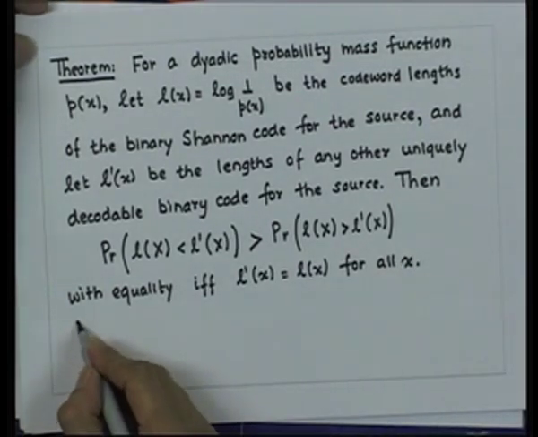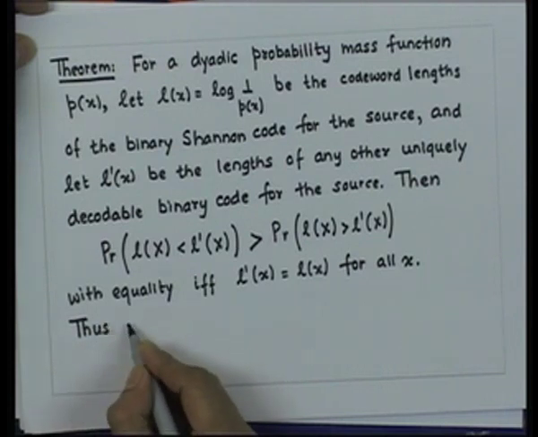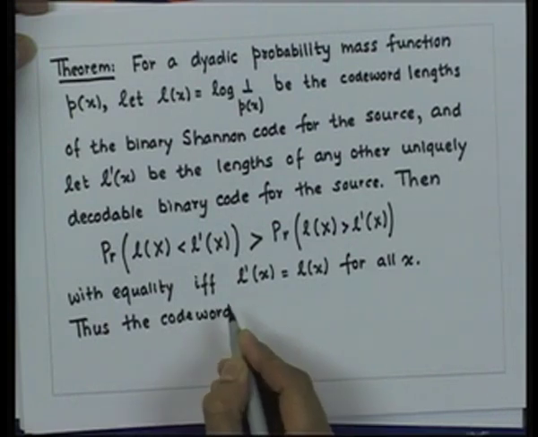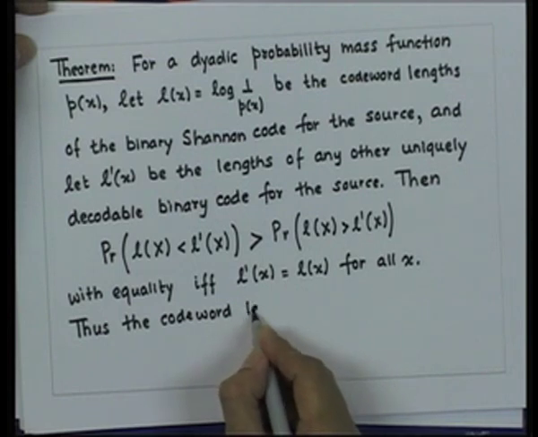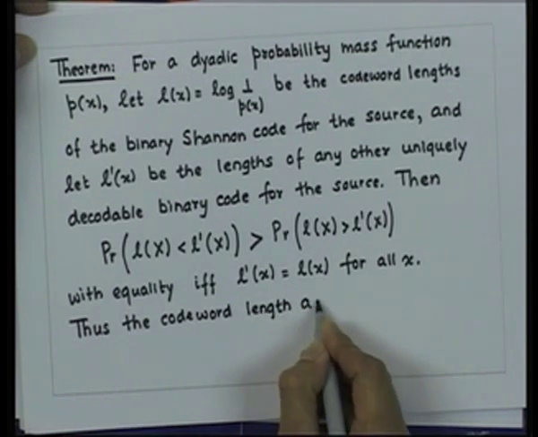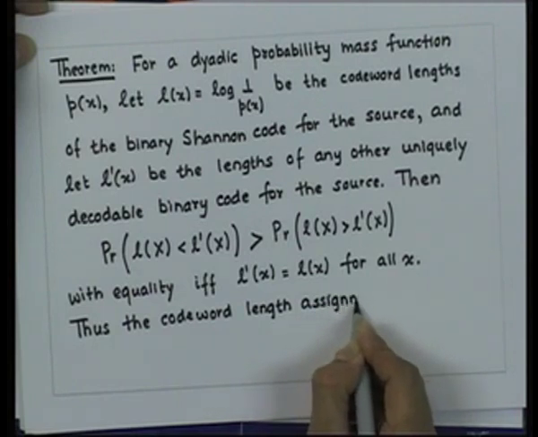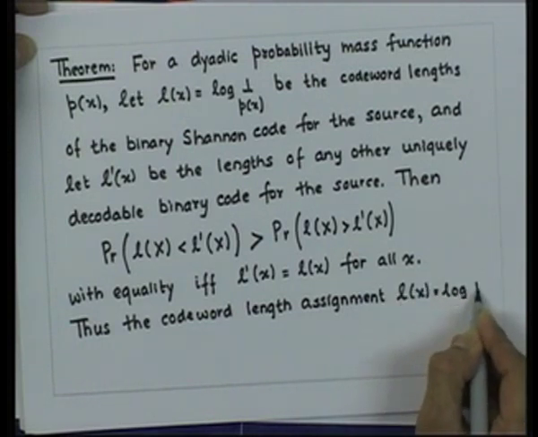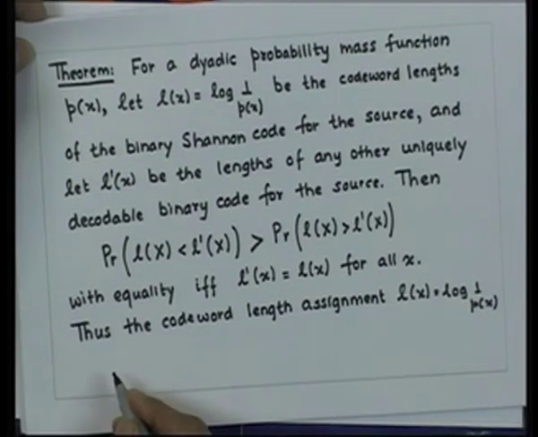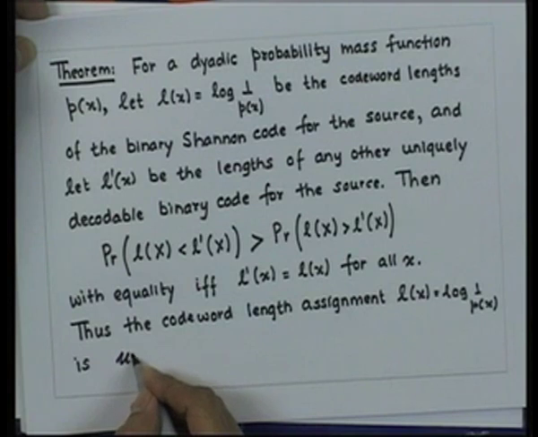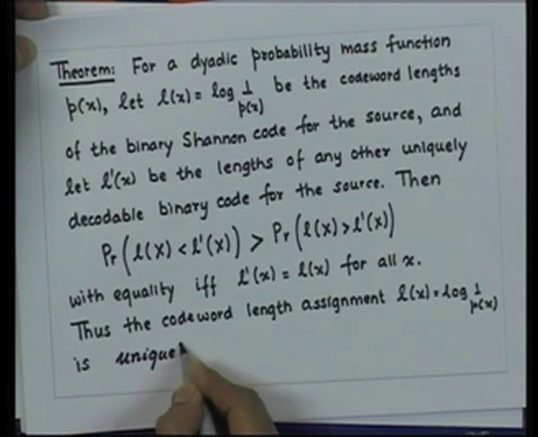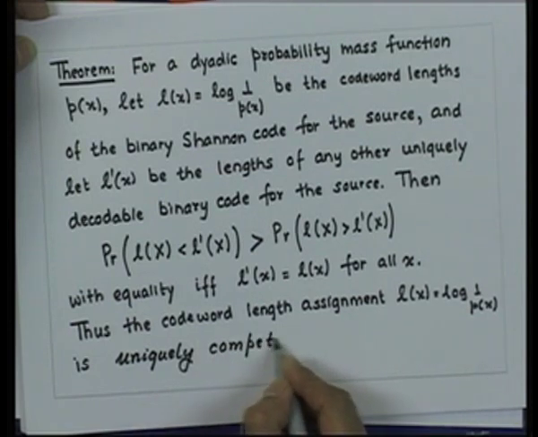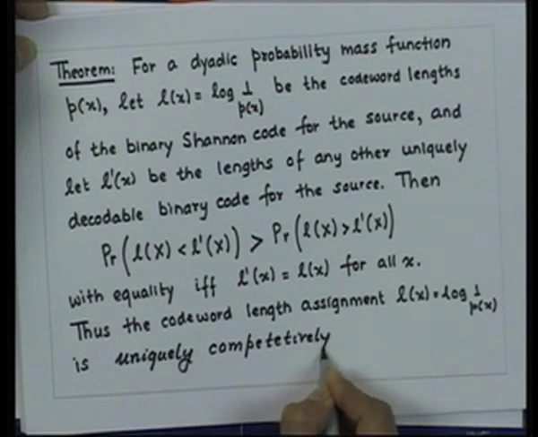Now, we can say thus that the code word length assignment of the form Lx is equal to log of 1 by Px, that is Shannon's strategy, is uniquely competitively optimal.